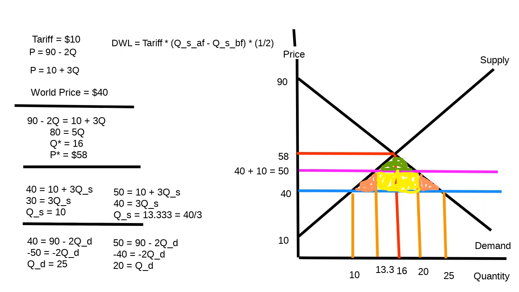And so let's plug these numbers in. For the first part, we have 10 times 13.33 minus 10, times 1/2, plus 10 times 25 minus 20, times 1/2.